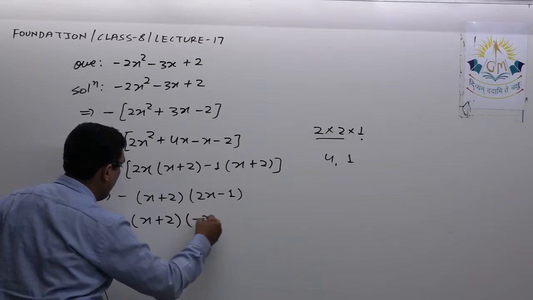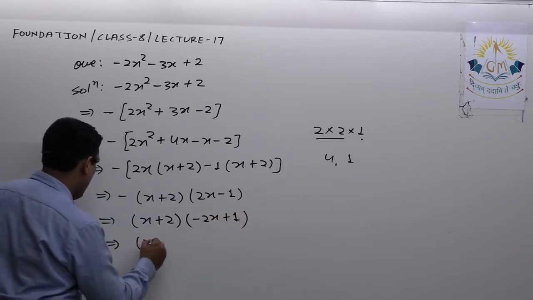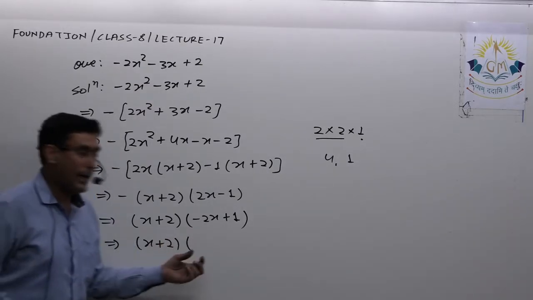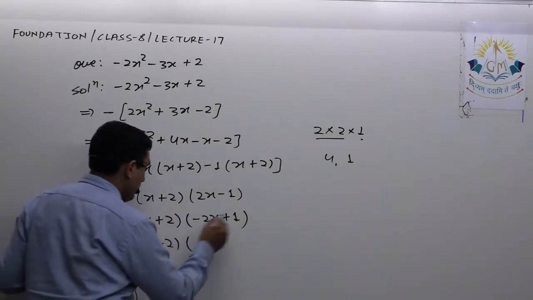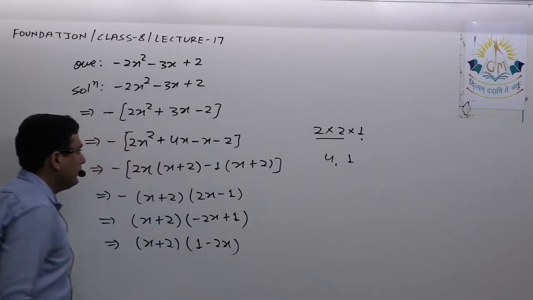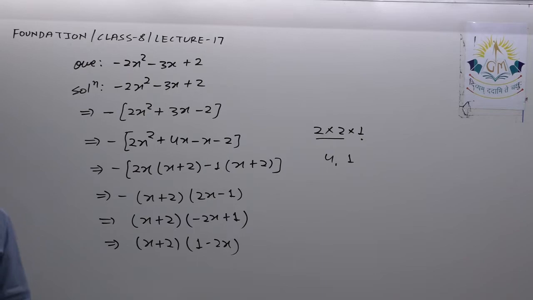So I write minus 2x plus 1, and at the final step, again as I told you, we always try to start a bracket from the positive term. So here I write 1 minus 2x. So these are the factors of the given expression. So please note it down, then we'll see the next question.